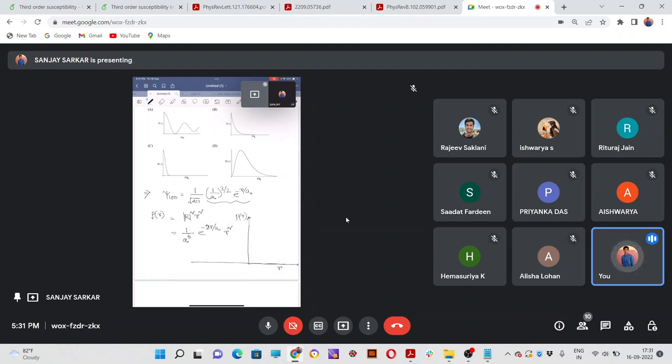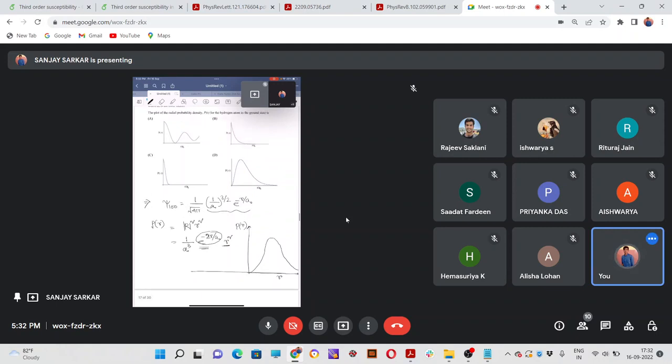So for small r this will dominate, and for large values of r this exponential part will dominate. So for small r this is like a parabola like this, and for large values of r, since this exponential is a decaying function, it should decay like this.